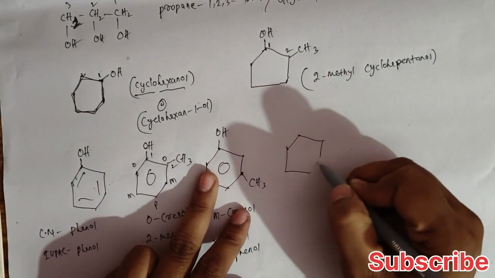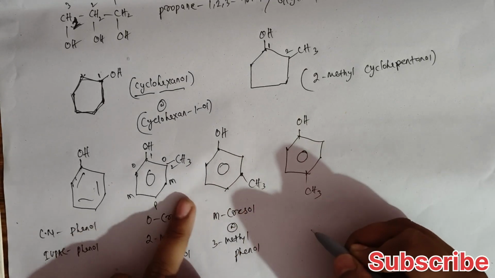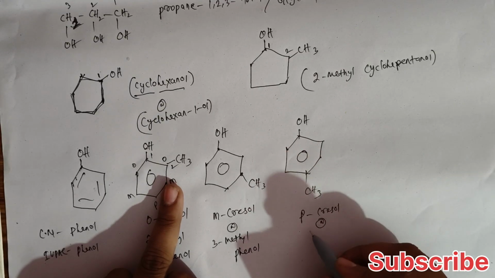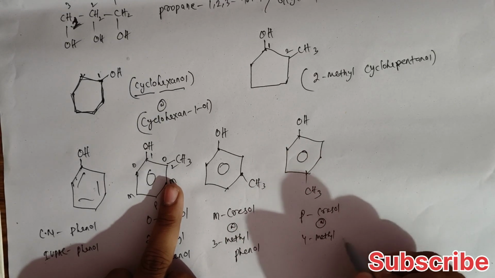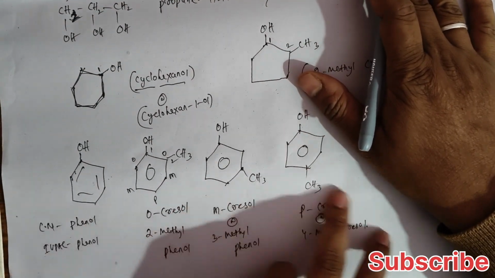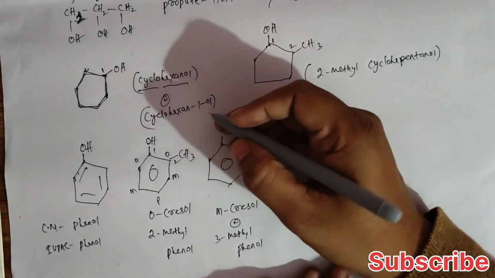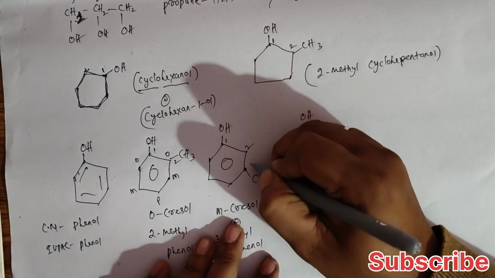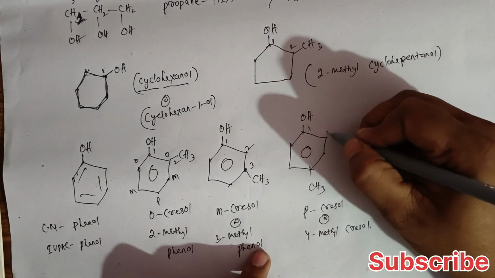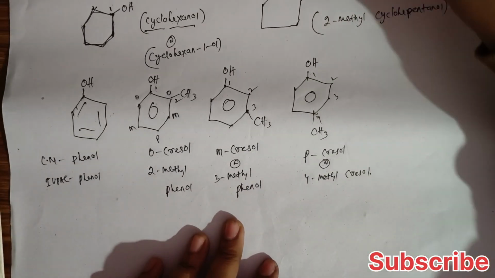Like this, this is called paracresol, or 4-methylphenol. Clear? The upper names are common names, and the lower names are IUPAC names. Counting starts from the OH group: 1, 2, 3, so its IUPAC name must be 3-methylphenol. Like this 1, 2, 3, 4, 4-methylphenol. I hope it is clear to all of you.